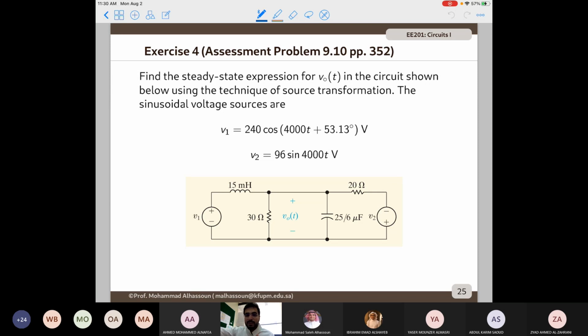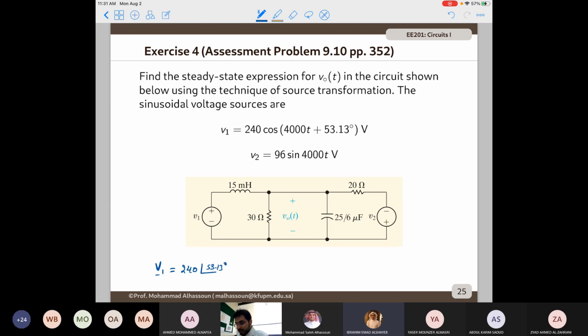So we need to do one step further here. We need to convert everything into frequency domain, meaning that we need to start with the sources. For example, V1, we need to have the phasor form of V1. So what is the phasor form of V1? Rahim? 240, and the angle is 53.13.